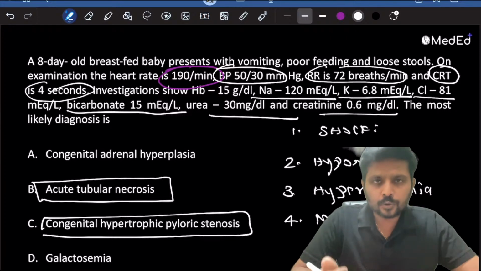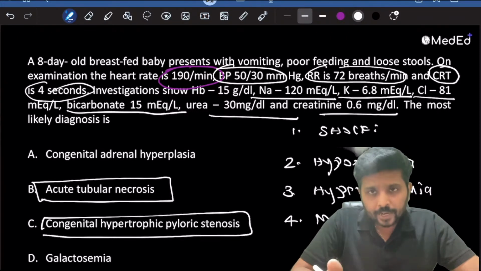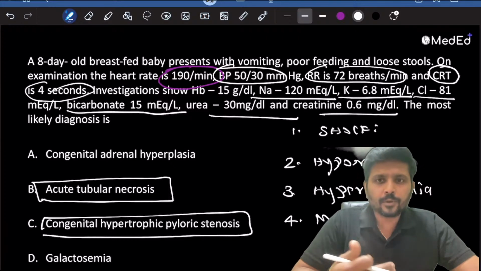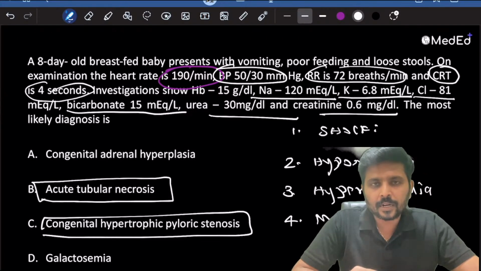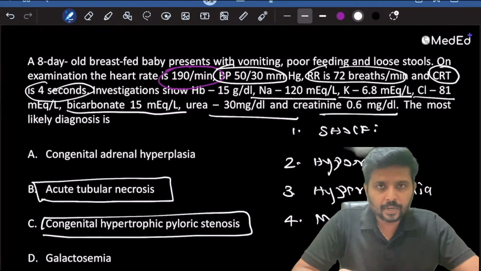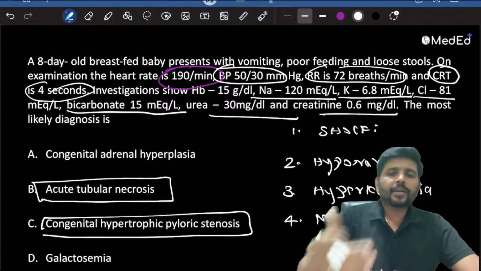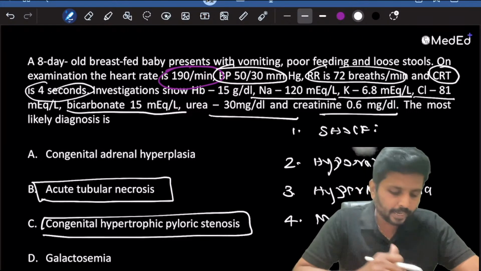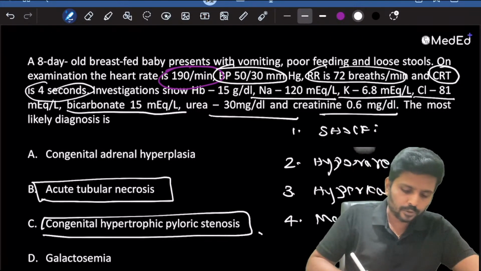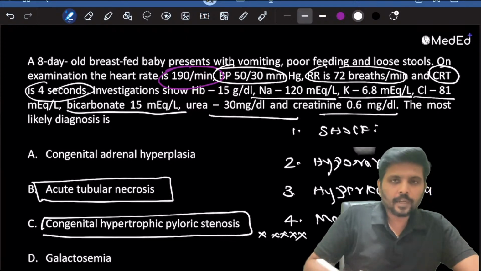You will vomit out sodium, you will vomit out chloride, as a result of which hyponatremia and hypokalemia will occur, but because you are vomiting hydrogen ions from the stomach, you will get metabolic alkalosis, but here it is metabolic acidosis. So this is also ruled out.